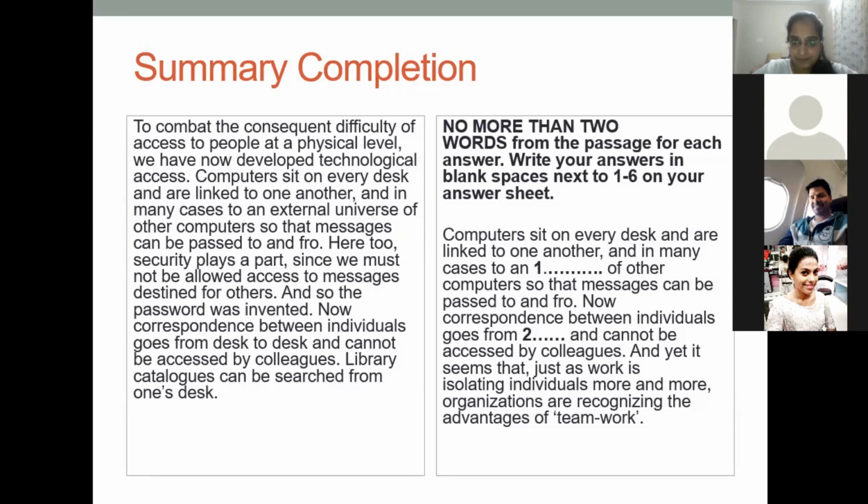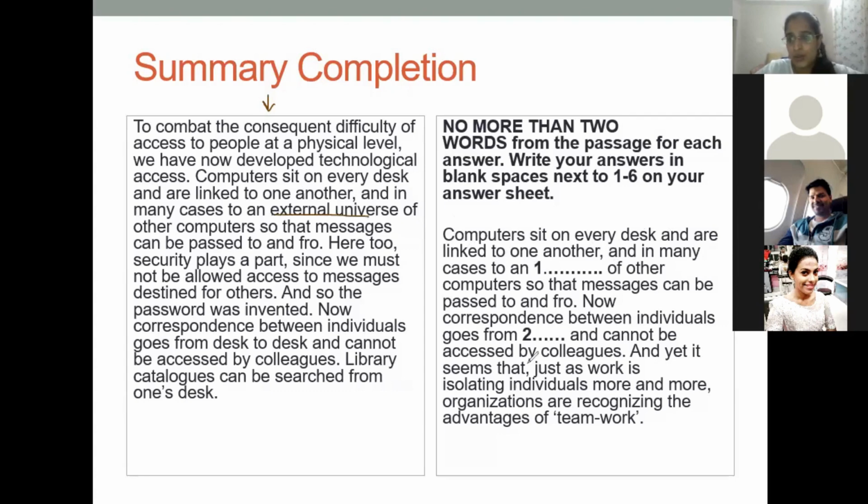All right. So the first answer, good, I've got everybody's answers. I'm just going to quickly discuss it. Okay. Computers sit on every desk. This is talking about some computers, messages, etc. Computers sit on every desk and are linked to one another, and in many cases to an external universe.